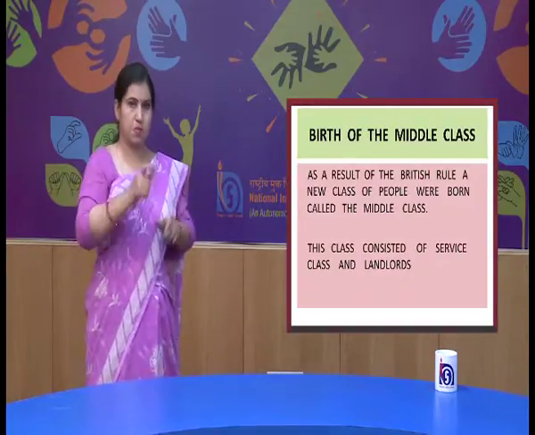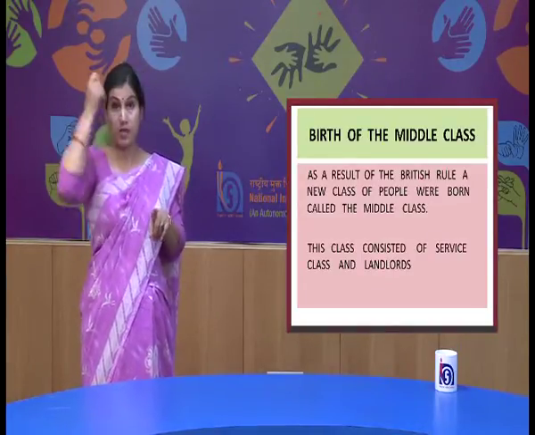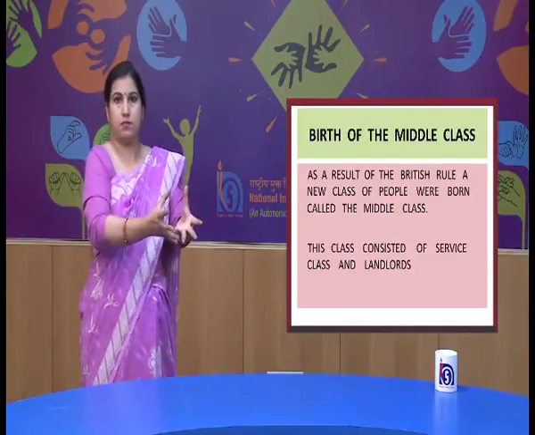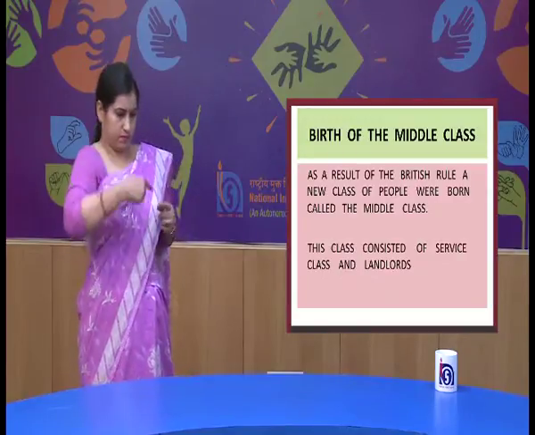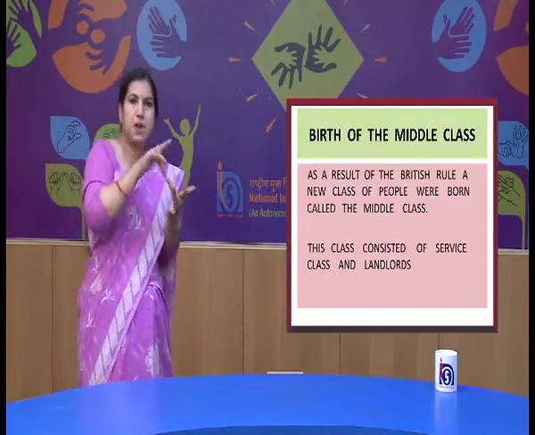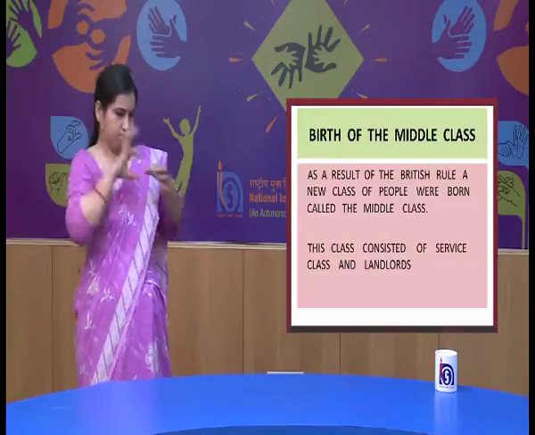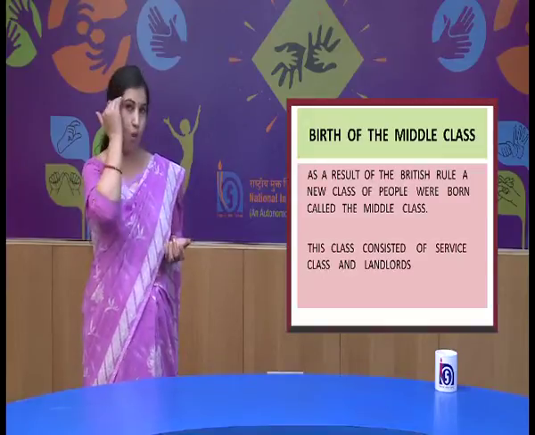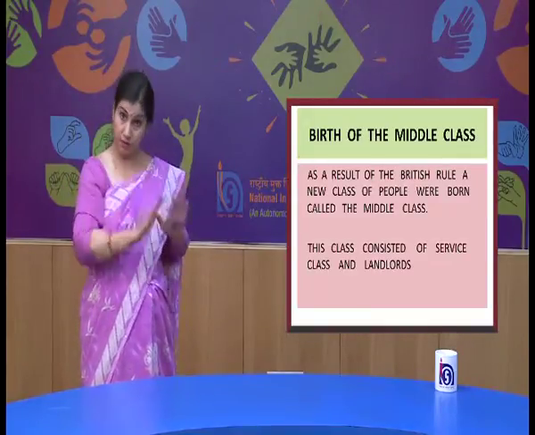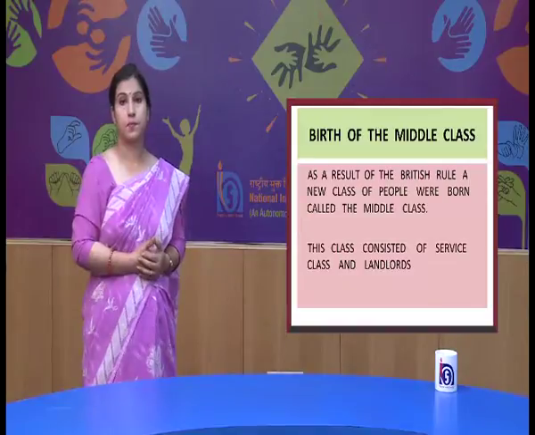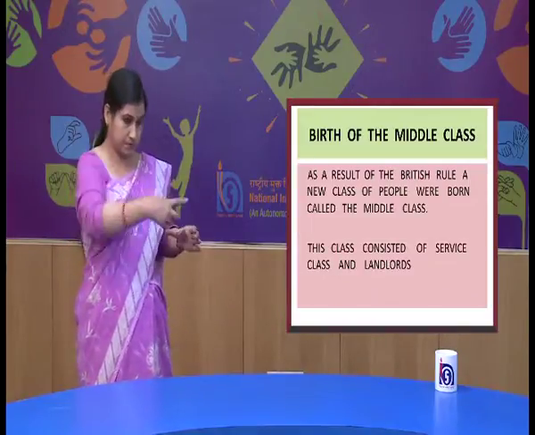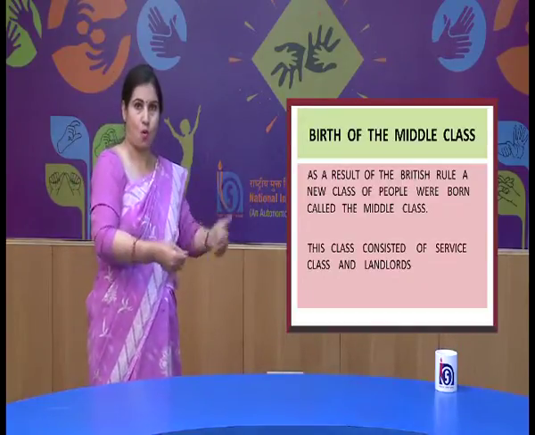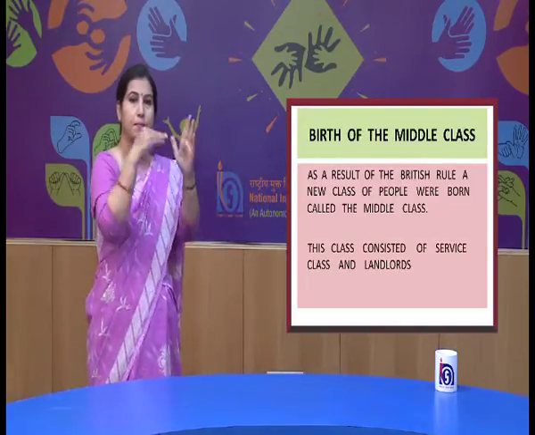The growth of English education in India created scope for this class as they acted as agents or middlemen between the ruling class and the common people of this country because of their knowledge of English education. The middle class included both the service class and landlords, like the zamindars.